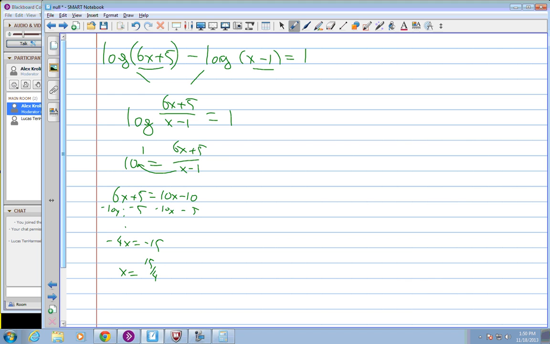If the answer was 1/4, for example, it wouldn't have worked on the second logarithm, because if x is 1/4, you're going to get something negative on the inside, and that's not good. Well, it has to work for both. Yeah, if it does not work for just one, then it just doesn't work, period.